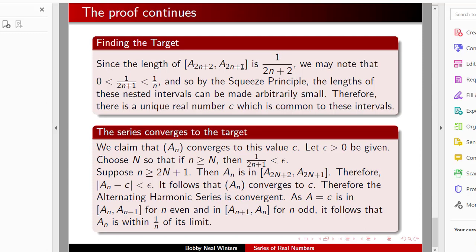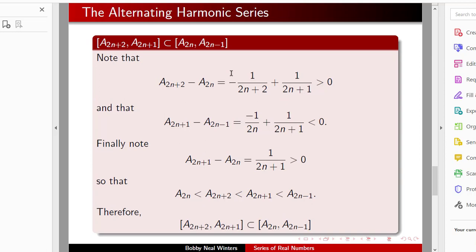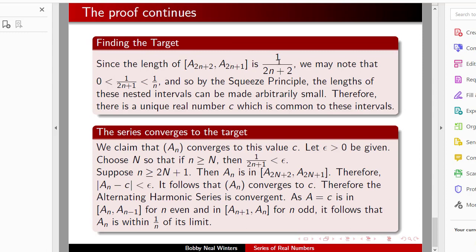Let me take a look back here. That's fine, I did it right. Never mind. In any case, what we see is that the length of our intervals is becoming arbitrarily small.